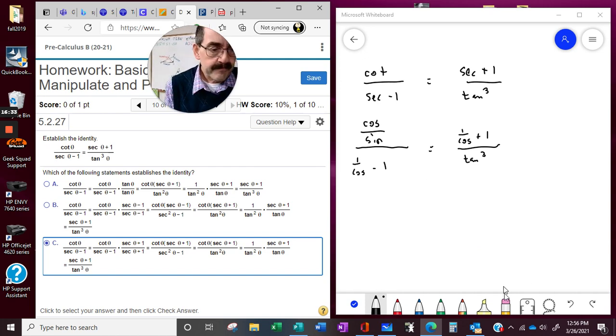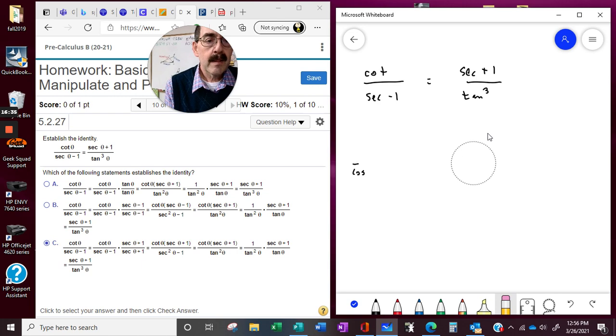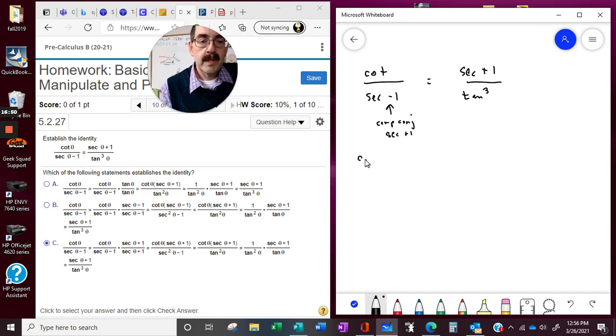Now, the first thing is the complex conjugate, which is secant plus 1, so the middle term goes away. So the cotangent, secant minus 1, secant plus 1, secant plus 1.